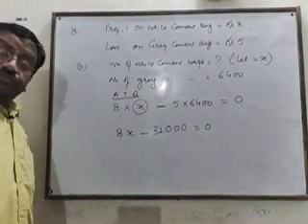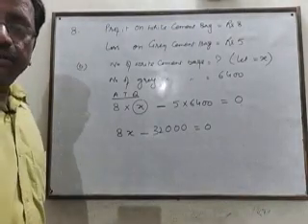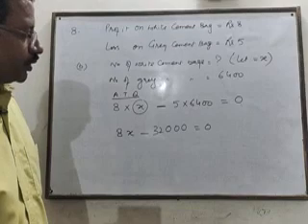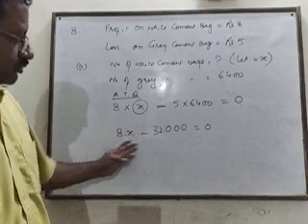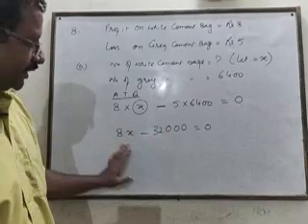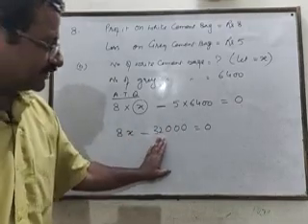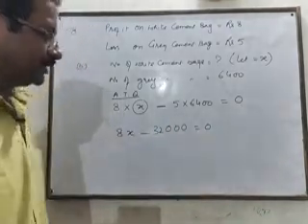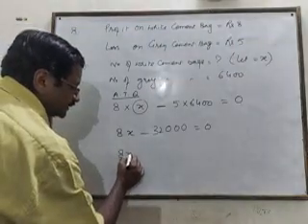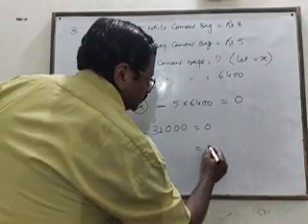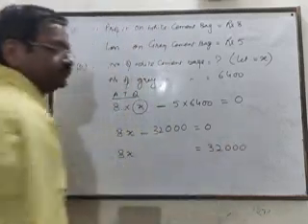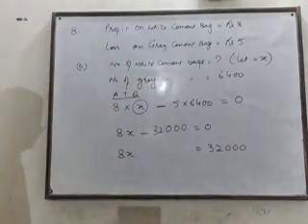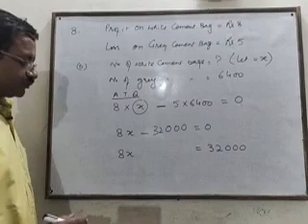So we have done chapter 4 of simple equations. Now it is a simple equation, we need to find x. So take this 32,000 to that side, so it will be 8x equal to 32,000, it will become positive on that side, that we have learned in chapter 4.